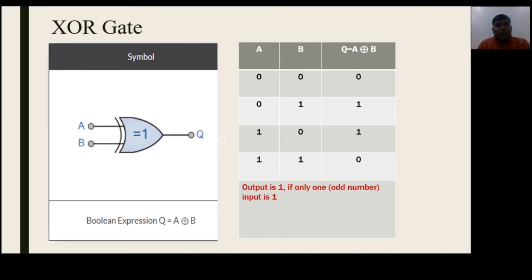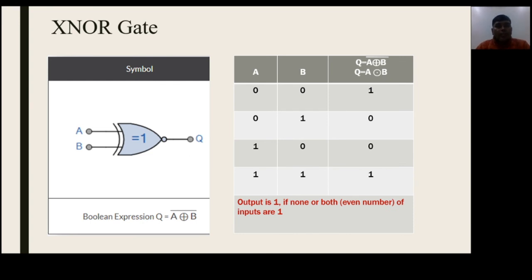If we have more than two variables here, then the statement changes. It says the output is 1 only if an odd number of inputs are 1. Otherwise the output will be 0.